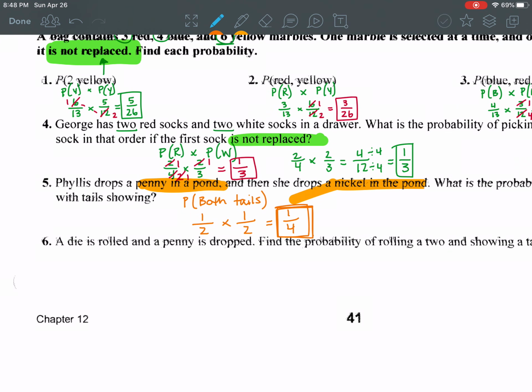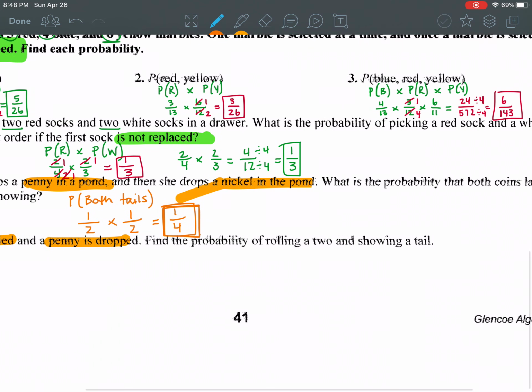Okay? A die is rolled and then a penny is dropped. So if you roll a die and then you drop a penny, does the outcome of the die affect the outcome of the penny? They're two totally separate things again, so this is independent, okay? Find the probability of, let's see, we want to roll a 2, and then we want tails, okay?